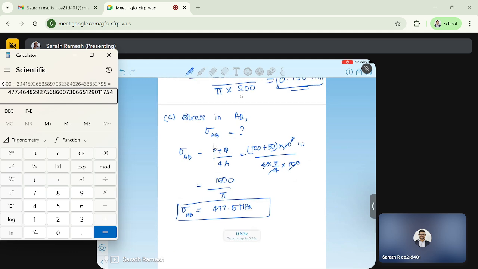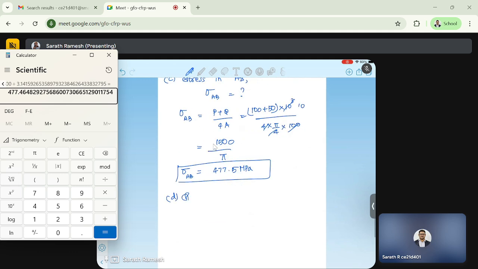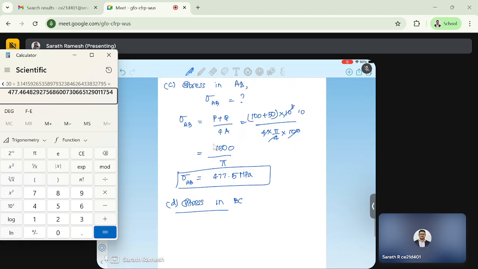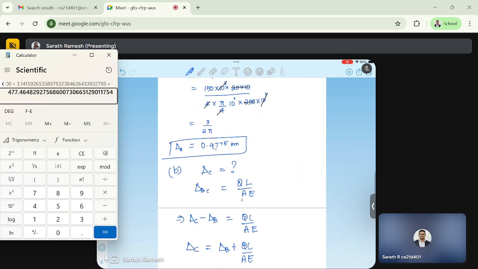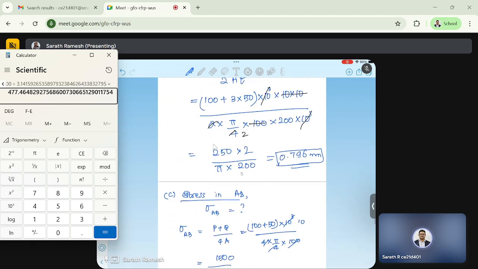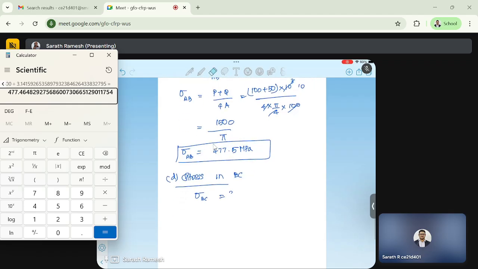Okay, that's it. And how about stress in BC? Stress in BC, sigma BC, equal to Q times L by AE. Sorry, I am actually writing that deflection formula.